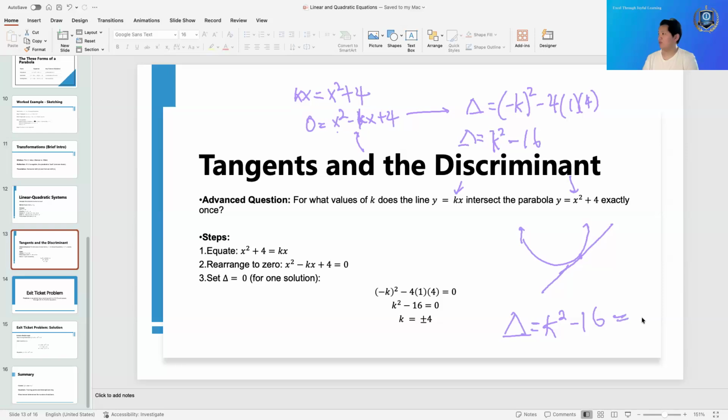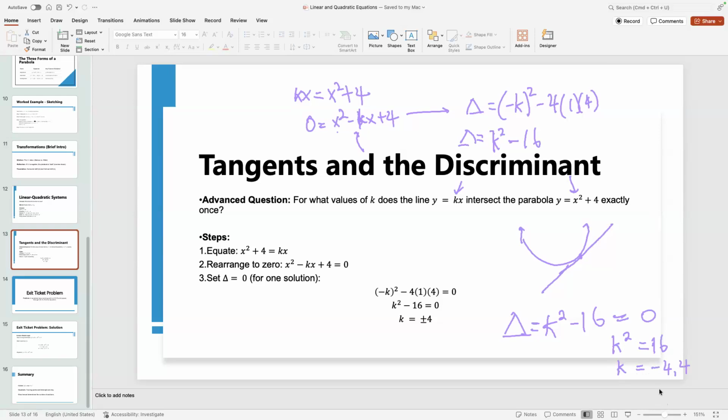So if I equate this to 0, I get the equation k squared equals 16. So what would k be? 4. And just a note, we also have -4, right? Because -4 squared is also 16. And that's it, right?